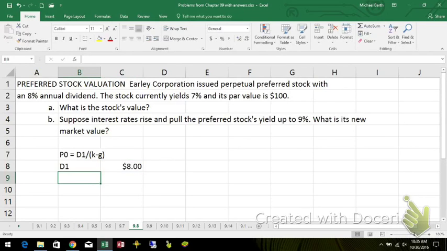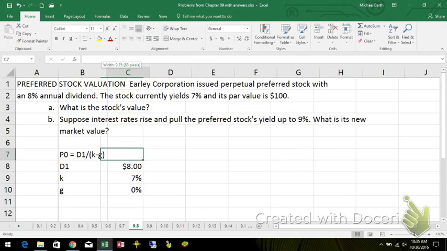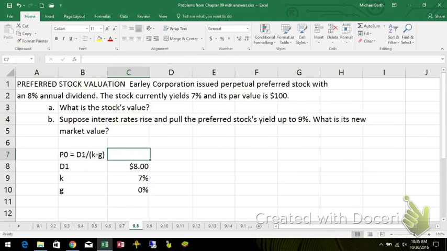The stock currently yields 7%, and the growth rate is 0%. So if I'm solving for the current price, simply the $8 divided by 7% minus 0.